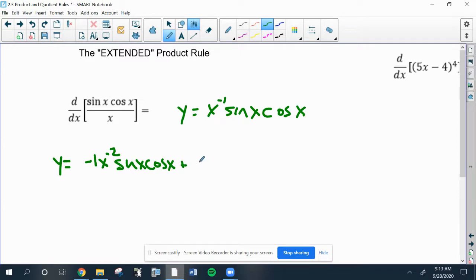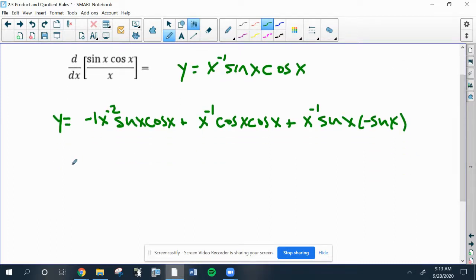Now we're going to take the derivative of the middle term. The derivative of sine is cosine. And now we're going to take the derivative of the last term. The derivative of cosine is negative sine. Clean it up a little bit. Like so.